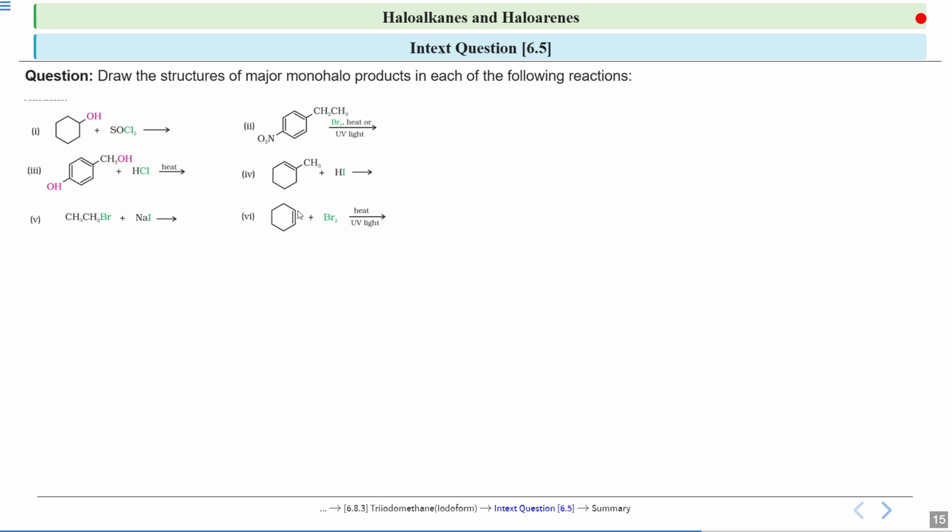The product is a monohalo product, meaning only a single halogen will be there in the product, and you have to draw the structure of the products in each of the 6 cases. Take some time to analyze this question, and then we will see the correct answer.